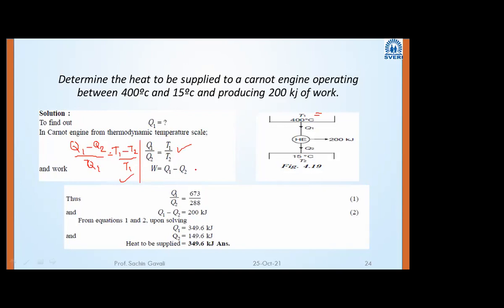Therefore T1 here will be 673. Convert to Kelvin first, otherwise we forget, and T2 is 288. Q2 and Q1 are unknown, and W is 200 kilojoule. So the efficiency is W, which is Q1 minus Q2, therefore W divided by Q1 is equal to T1 minus T2, that is 673 minus 288, divided by T1.